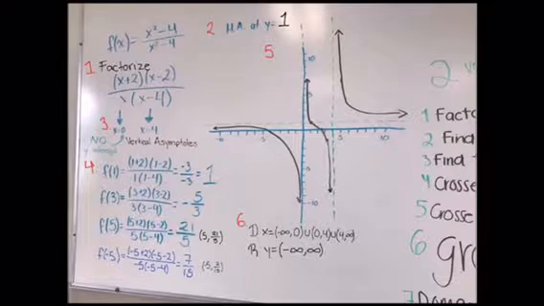Now, here we have our example where f of x equals x squared minus 4 over x squared minus 4x. In the first step, when we factorize it, we get (x plus 2) times (x minus 2) over x times (x minus 4).